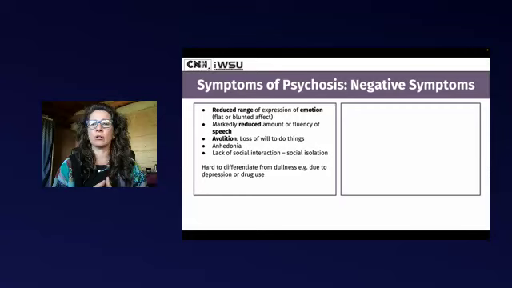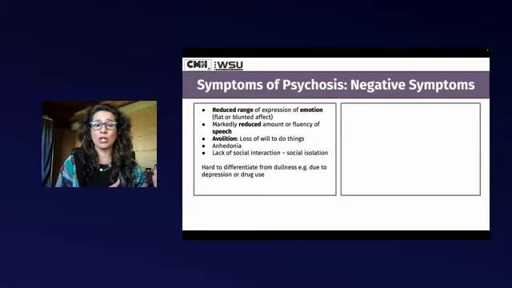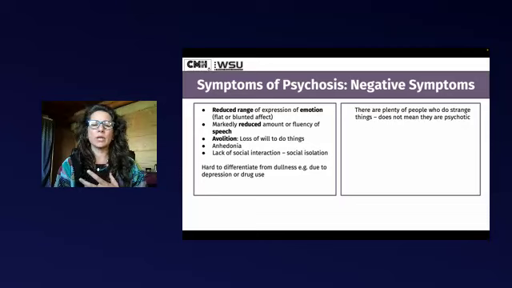Avolition is if they've got a loss of will to do things. Anhedonia, so a lack of enjoyment in things, and a lack of social interaction. So there's sort of a blank way of interacting with the world. And we have to obviously make sure that this is not depression or some other thing that is causing this dullness. But these negative symptoms are quite important.